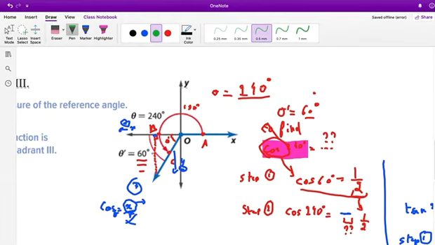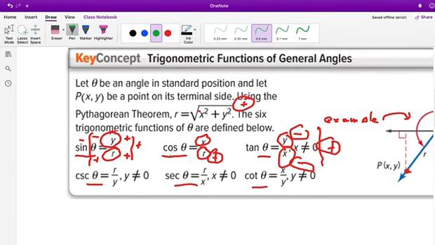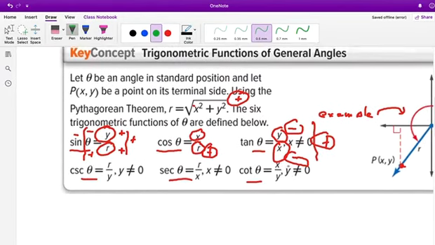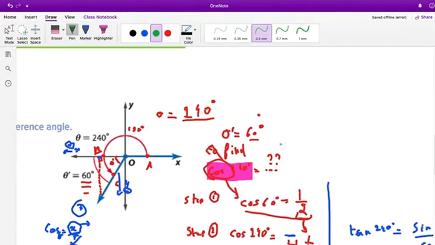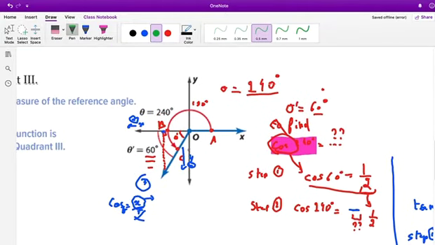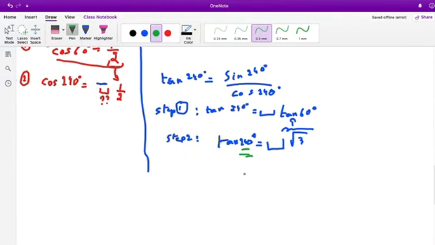So the x is negative and the y is negative. And as we know, tangent depends only on y and x. Here the y is negative and the x is negative, so it's minus over minus, which is plus. So tangent 240 should be positive.